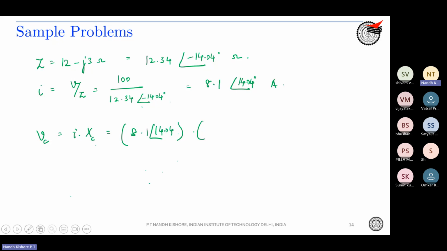They just want the magnitude, right? So directly I can write this is 9, right? And I will neglect the angle. Okay. So I can write that this is 8.1 into 9 ohms. Okay. Which gives me around 73 volts.